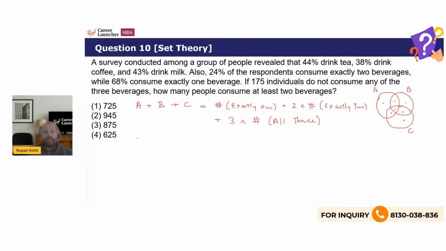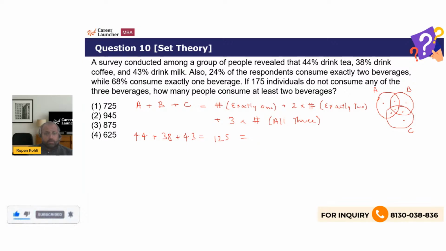So A is 44, and I'm working in percentages, right? Everything right now is in percentages. So 44% plus 38 plus 43, that is A plus B plus C, which is 125. So 125 equals exactly 1.